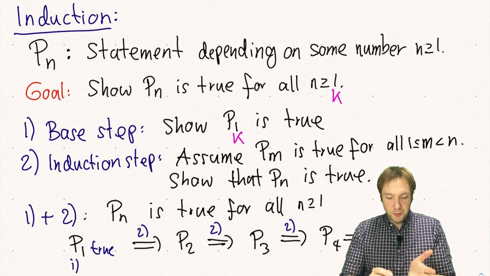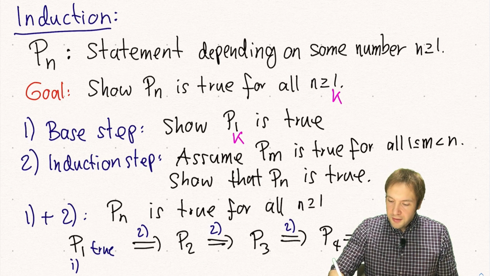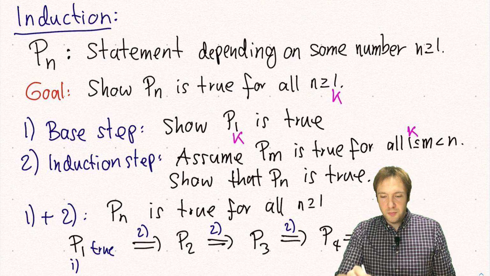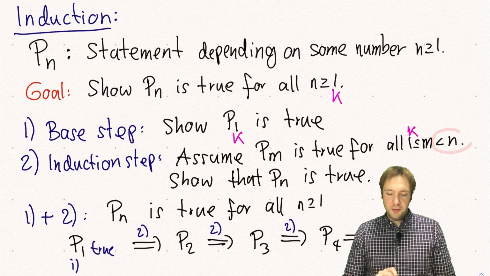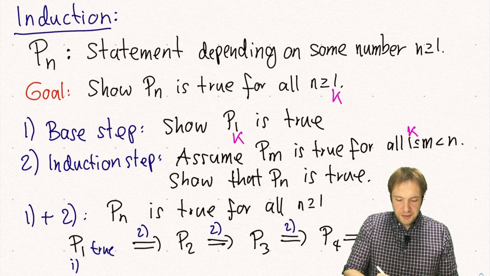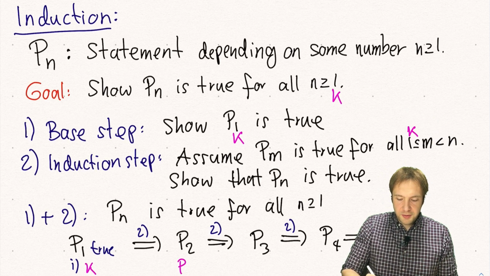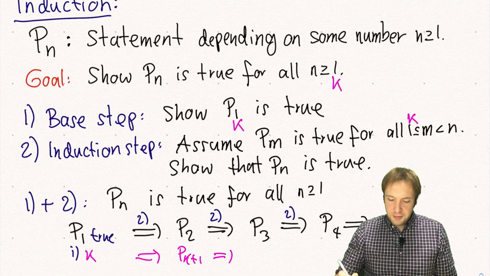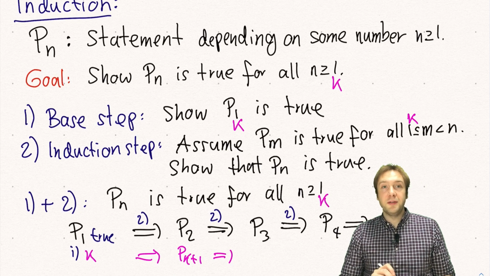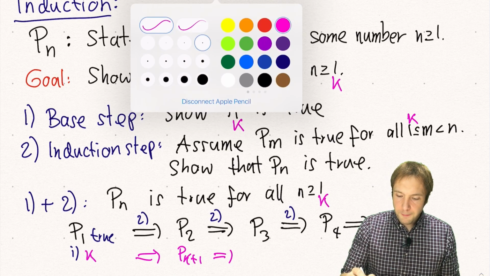So you start always with the first one you want to show. And then here you also assume in the induction step that it is true for all m greater or equal to k and smaller than your n. And then here you start with Pk, and here you have Pk plus 1, and so on. So you also get that this is true for all. So here you will get that Pn is true for all n greater or equal to k.